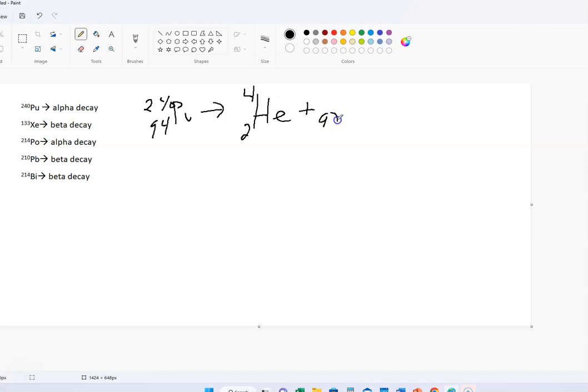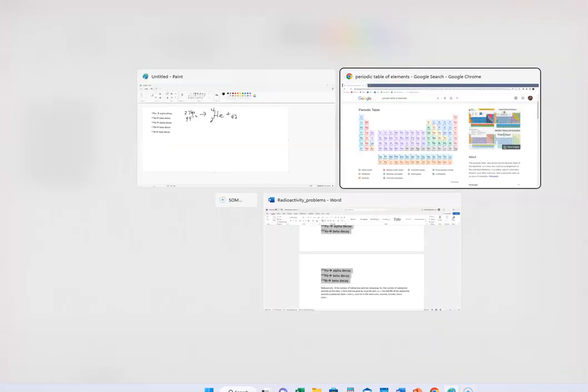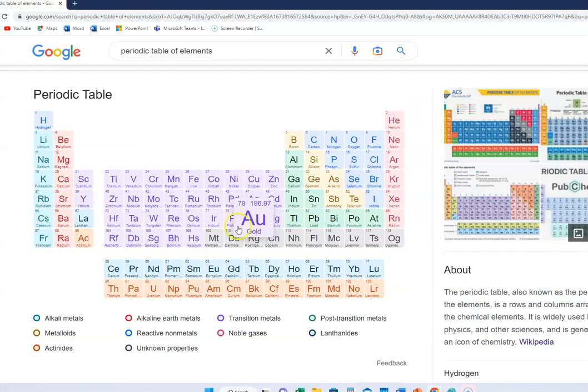All right, so now we're going to look that up. So element 92. I happen to know that that's uranium, but let's just check that just to be sure. If we go to the periodic table, 2 down from plutonium is of course uranium, which is element 92.